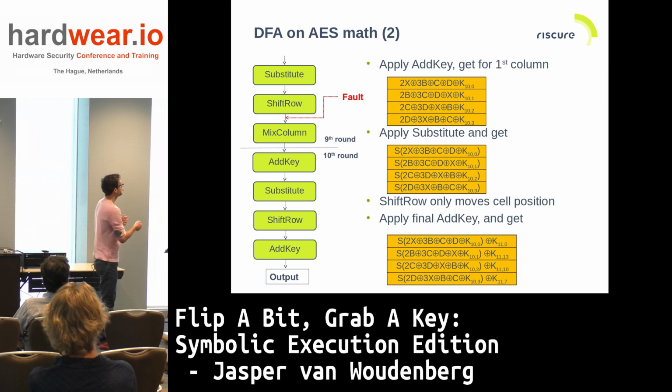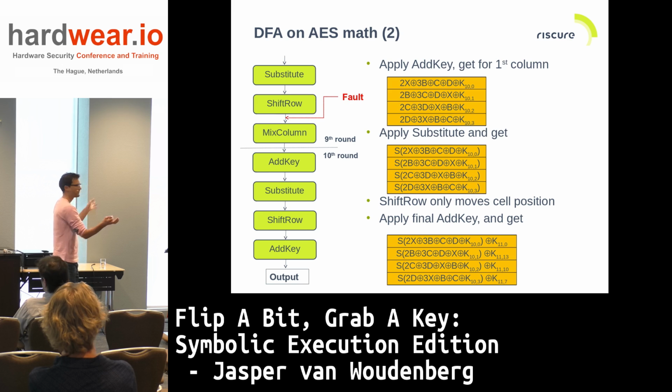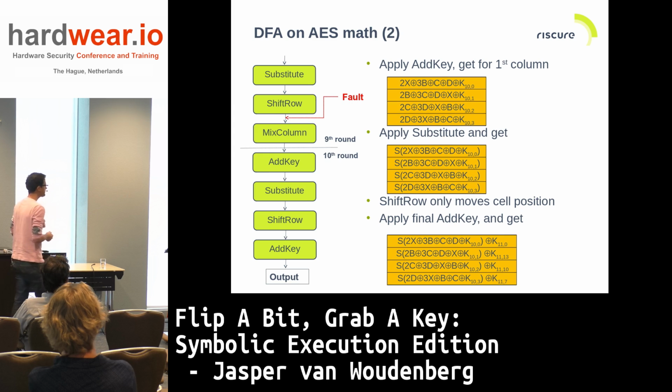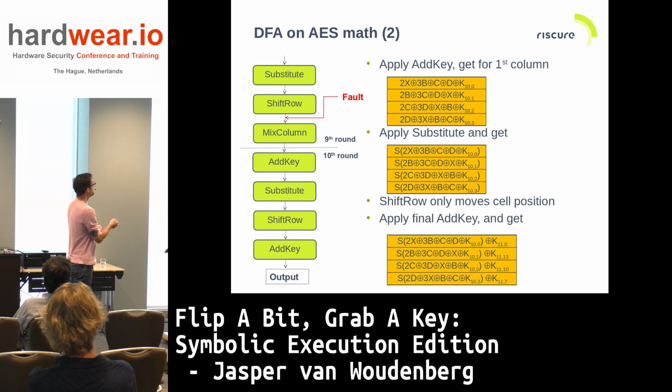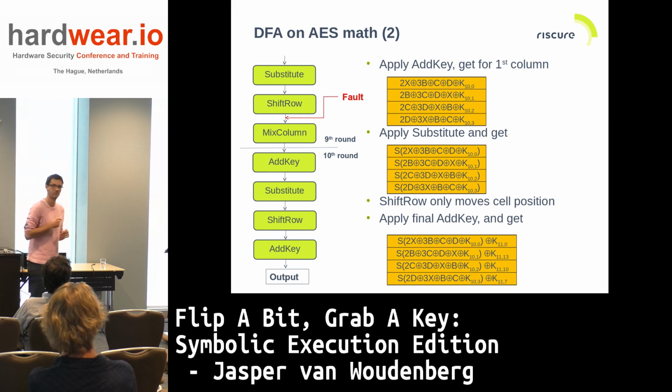We continue going, so we have a key addition here, so we XOR the key at the end. Then we have an Sbox, so we do the Sbox over all of this. Then we have a shift row, which is not changing the formula, it's just changing the position. And finally we XOR another key onto it, and the output of this operation is actually what's visible to us as an attacker. So we glitch 1 byte here, and we see actually 4 bytes change.